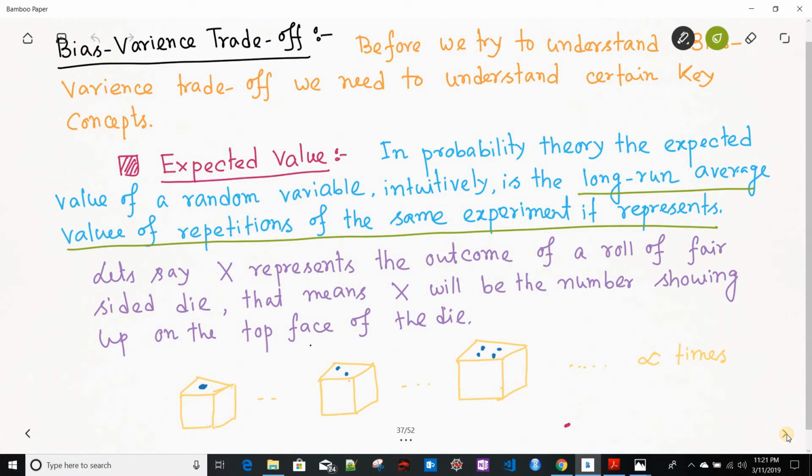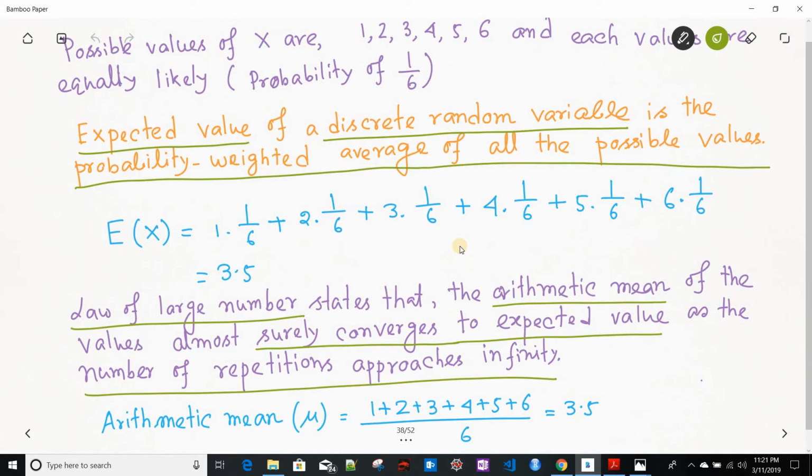Now, how is expected value defined? Mathematically we calculate it like this. For each and every possible value of the random variable, that means 1, 2, 3, 4, 5 and 6 in this scenario, we first multiply it by its probability. If we roll a die, each number has a probability of 1/6, because there are 6 possible outcomes and one of them comes up.